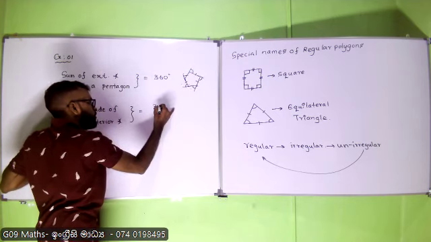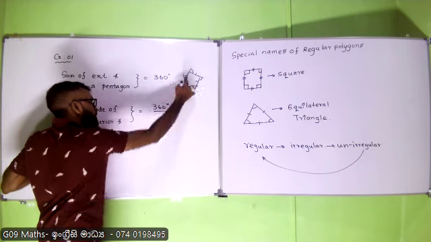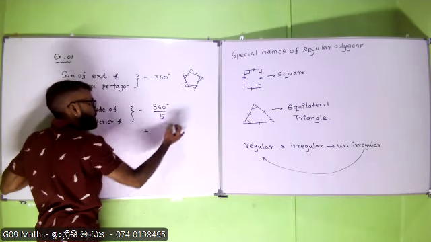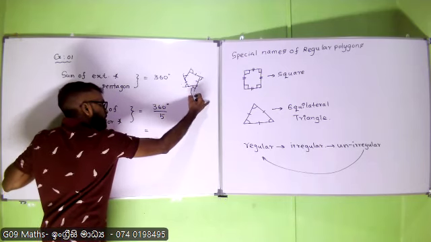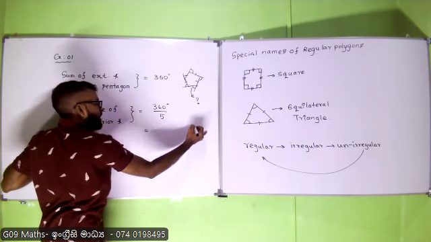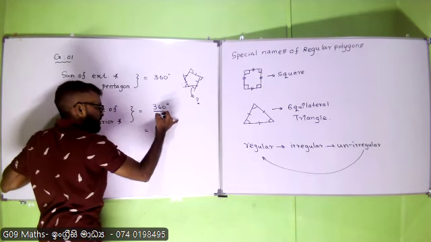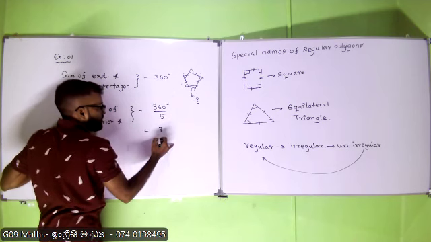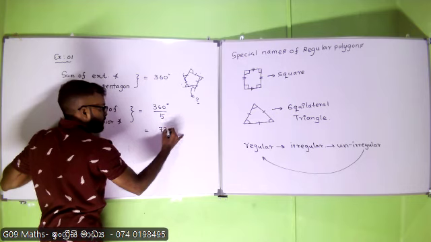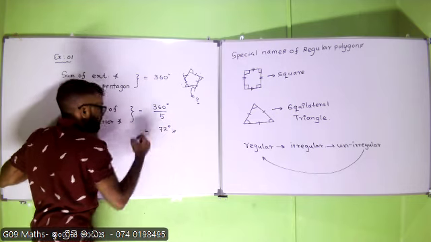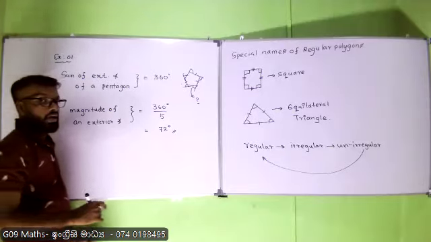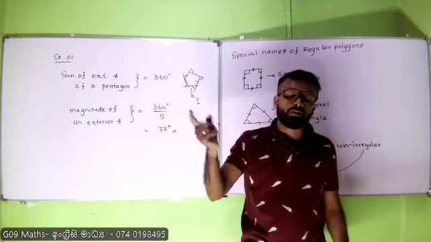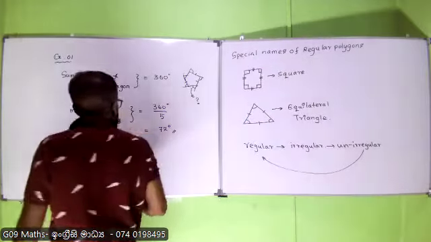So to find the magnitude of one exterior angle, you divide 360 by 5. 5 times 7, 35; 5 times 2, 72 degrees. Magnitude of a single exterior angle is 72 degrees.